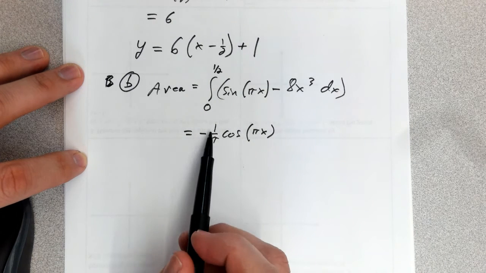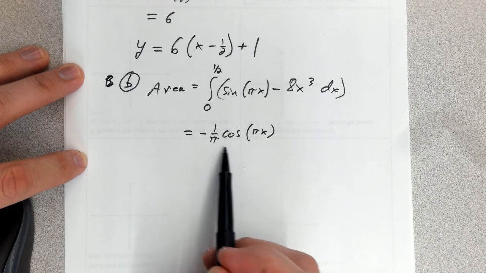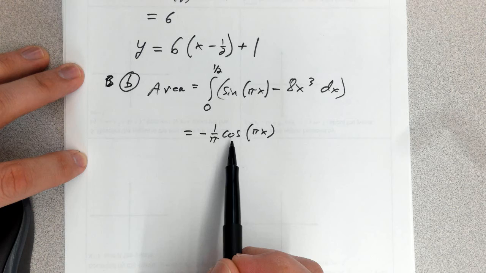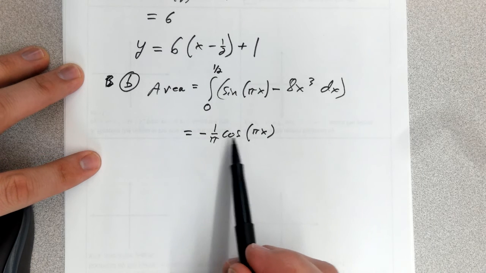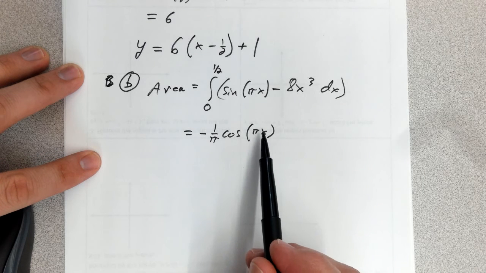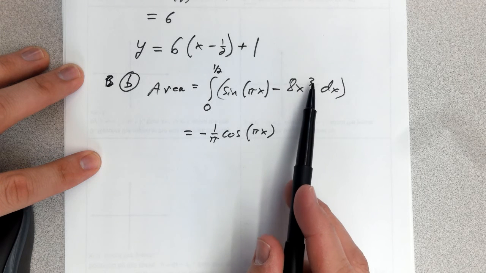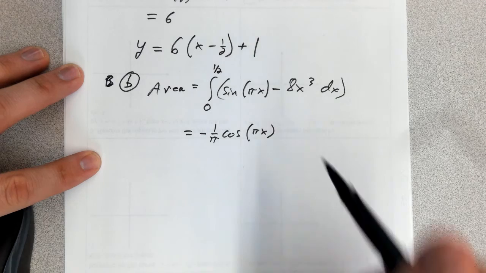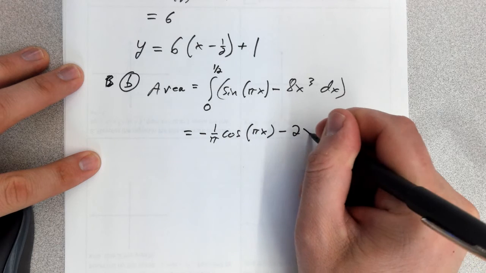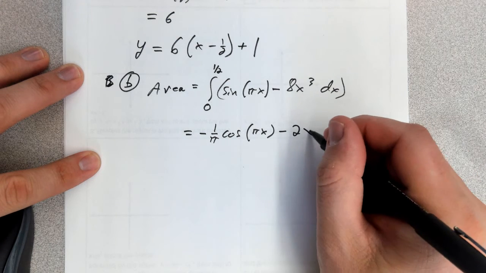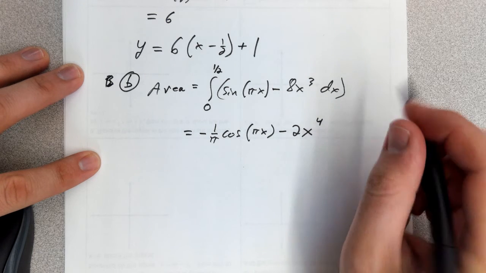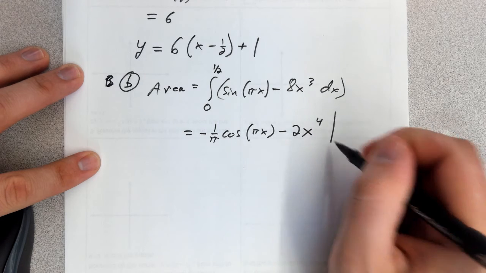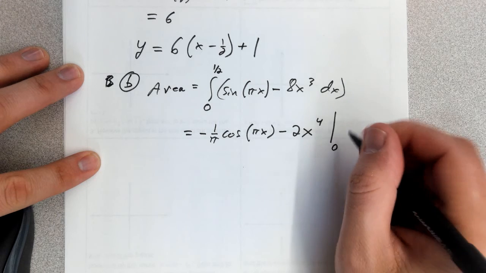If you put a 1 over pi in front, or you divide by pi, either way, you'll be able to cancel that pi out. So you have negative 1 over pi cosine pi x. For 8x cubed, add 1 to the power and divide by it: add 1, you get 4, divide by it, you get 2, so it'd be minus 2x to the 4th. And we are going to be evaluating that from 0 to 1/2.